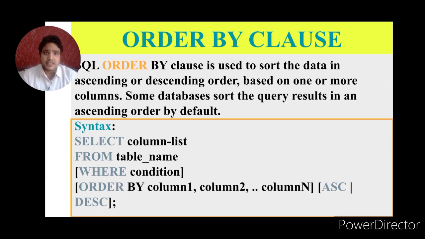The basic syntax is: select column list from table name where conditions order by column 1, column 2, as many columns as will be used. After that, two keywords may be used, ASC for ascending and DESC for descending. By default, it performs ascending order on the data based on the attribute.